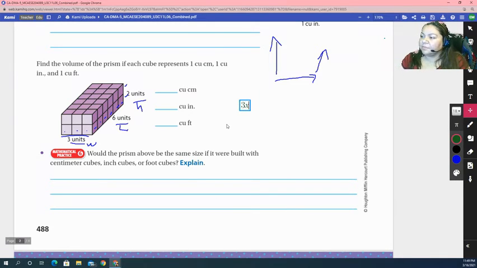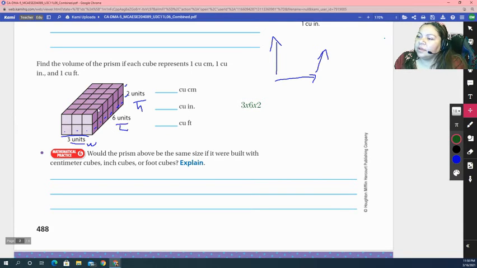Basically, I'm multiplying 3 times 6 times 2, multiplying all the numbers, length, width, and height, to figure out how many cubes are in this figure. If I could have this in my hands and break it apart, you would see that I would have 36 cubes that make up this three-dimensional figure.